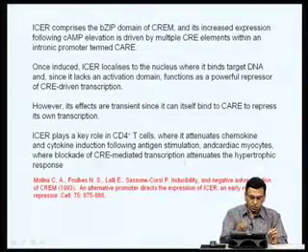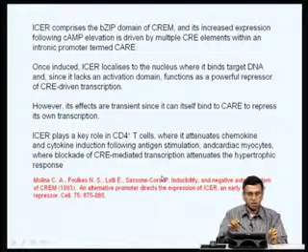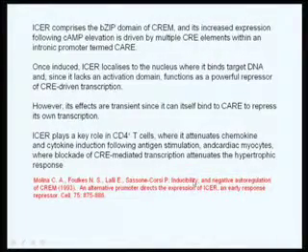A very nice article by Sassone-Corsi's group talks about the inducibility and negative autoregulation of CREM, first published in 1993 in Cell, where it demonstrates an alternative promoter directs the expression of ICER, an early response repressor. So, this is the landmark paper that led to the discovery of ICER and how ICER actually functions as a negative regulator of cyclic AMP response.